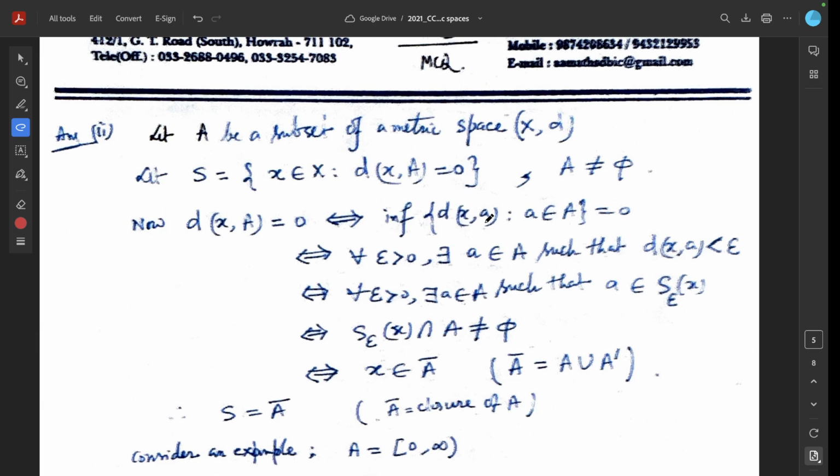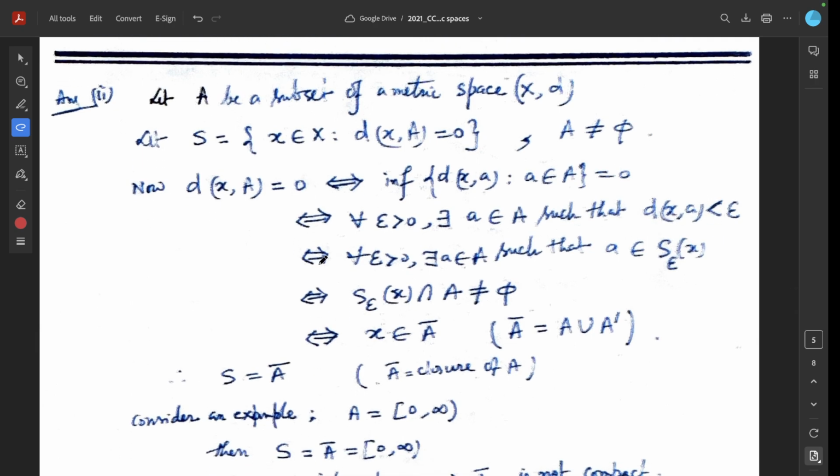This is equivalent to: for all epsilon greater than 0, there exists a point a belonging to the set A such that d(x, a) is less than epsilon, because the infimum of d(x, a) equals 0.